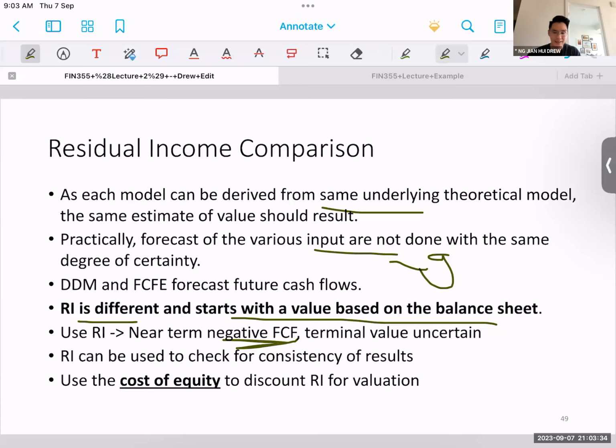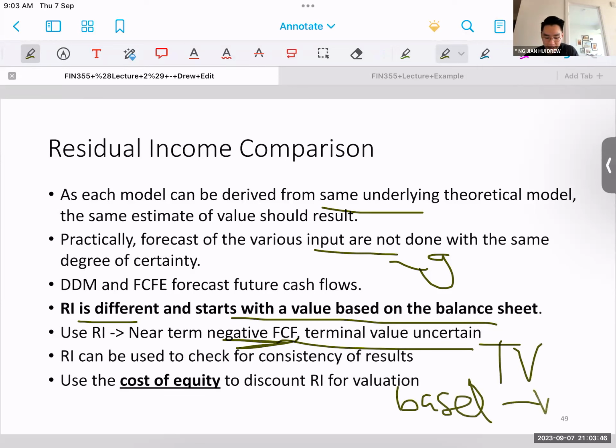Imagine you calculate a terminal value based on negative cash flow; your terminal value will get more and more negative. So your negative gets super big, and it doesn't make sense. If you're valuing something that's negative, then you might as well not invest. Because of that, you use the residual income model.